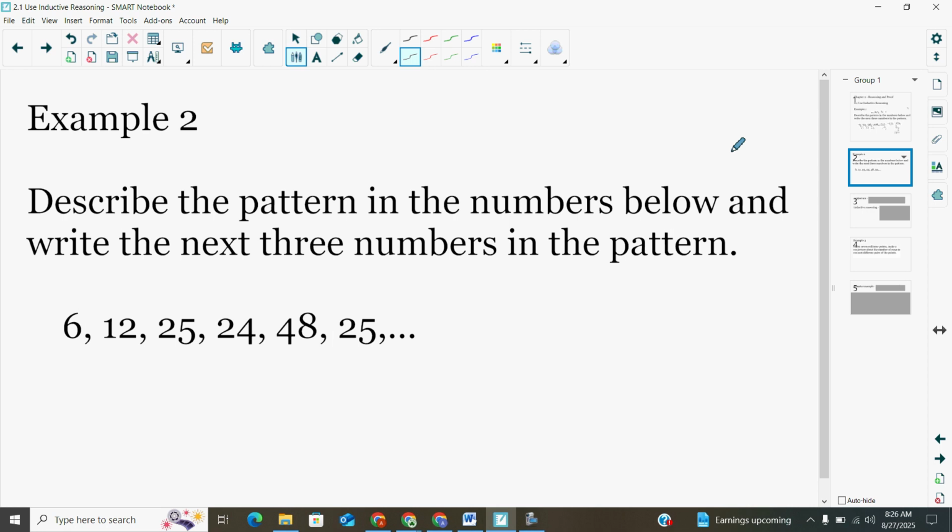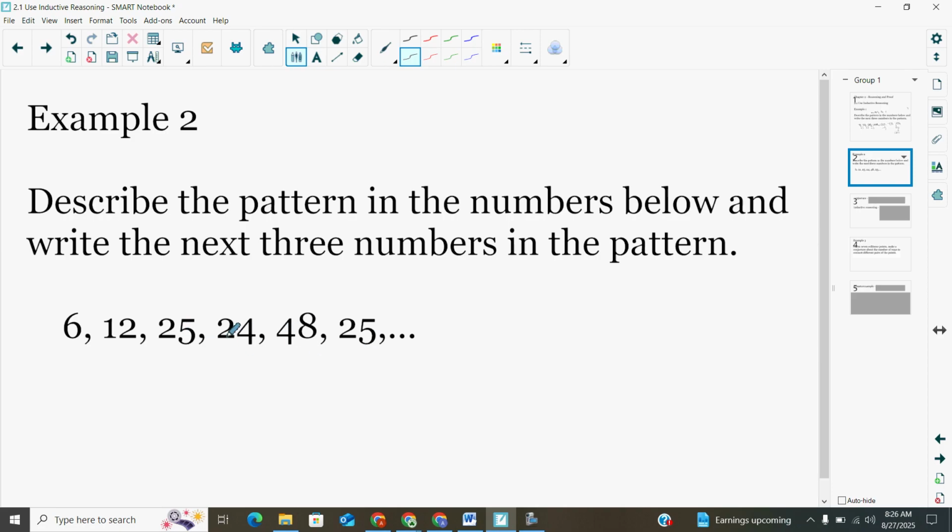We actually have a couple different patterns going on at the same time here. First thing I do is kind of, okay, +6, well, that doesn't work, and times 2. Times 2 doesn't give me 25. Here I go down by 1, and then I'm times 2 again. And then we're going down.